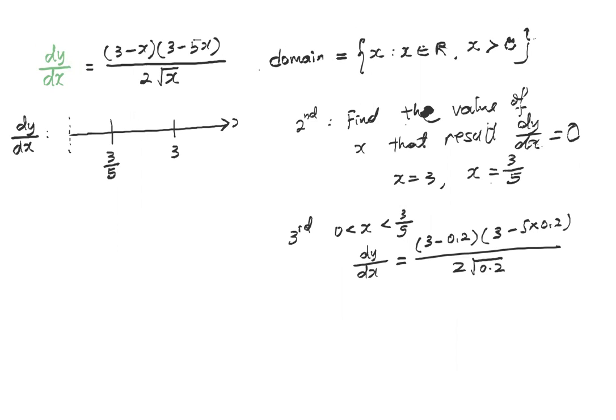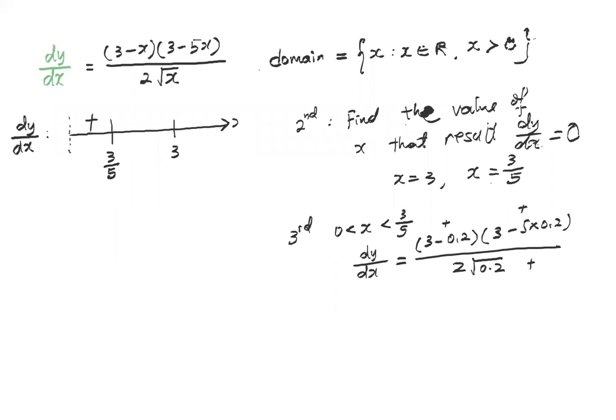You don't need a calculator to do the calculation. This is positive. This is also positive because 5 times 0.2 is 1, so 3 minus 1 is positive. Down here is definitely positive. So this region will be positive. You see how I test? Without a calculator, that is how you test.